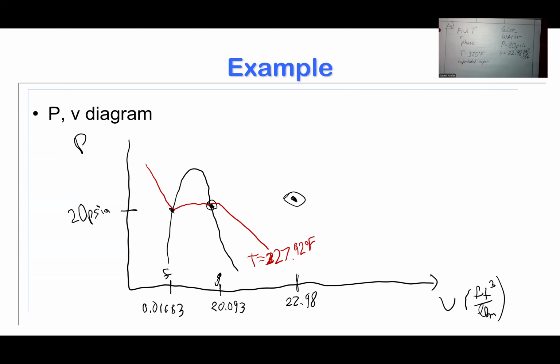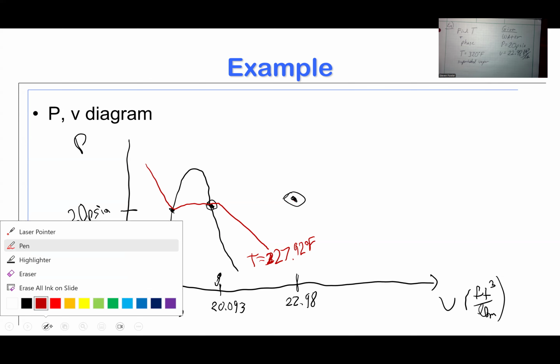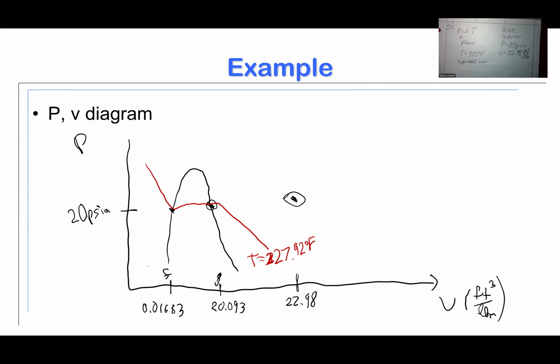And then this one, let's make him a different color. Make him green, maybe. Sorry for those of you that don't see green and yellow too well. So this would be T equal to 320 degrees Fahrenheit, right?